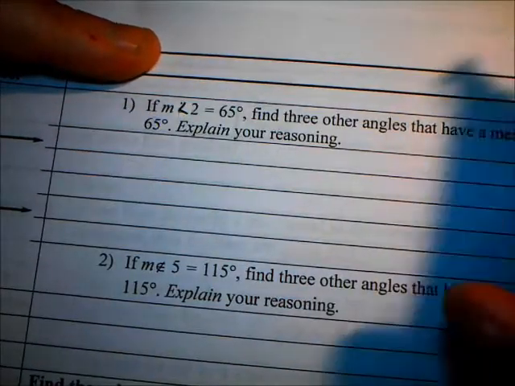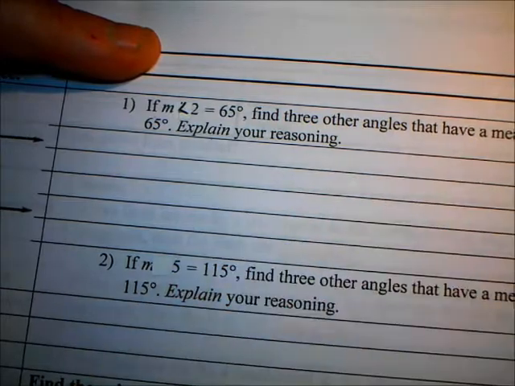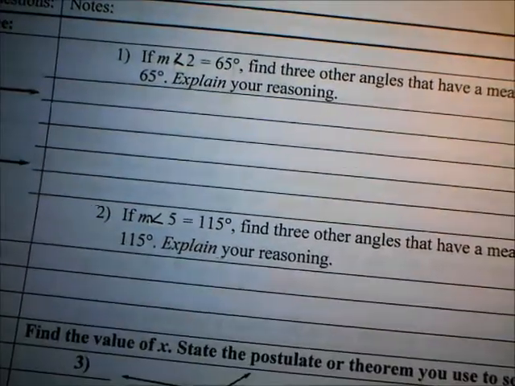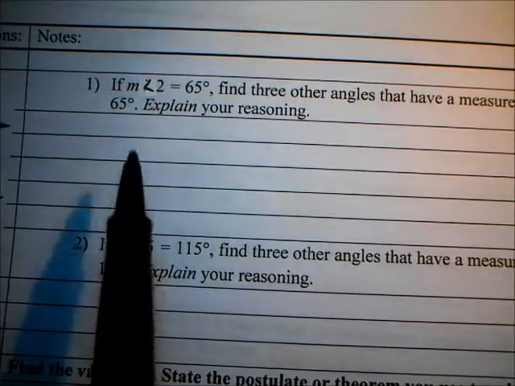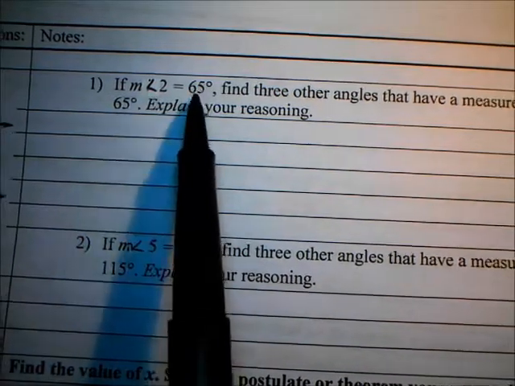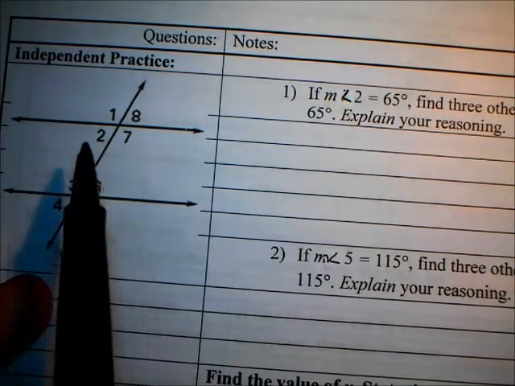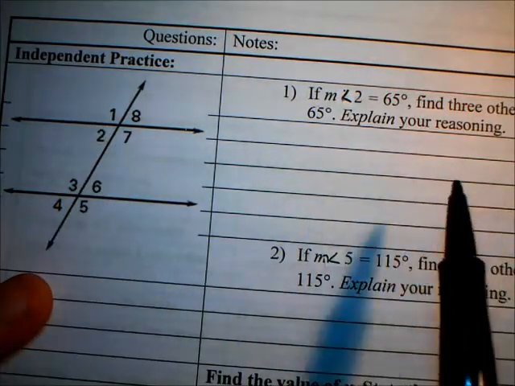You have 1, 2, 3, 4 independent problems. So I want you to work them. You see that the measure of angle 2 is 65. Then they want us to find 3 other angles that are equal to it, and then explain why.